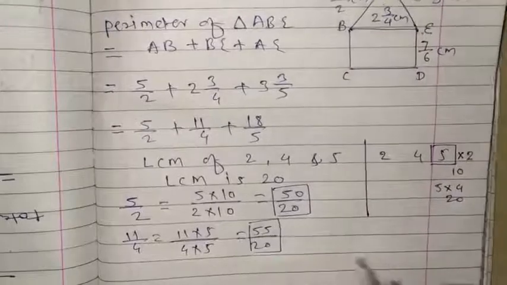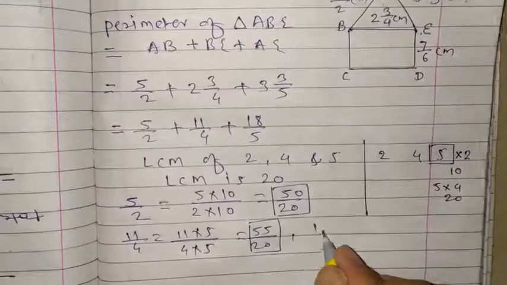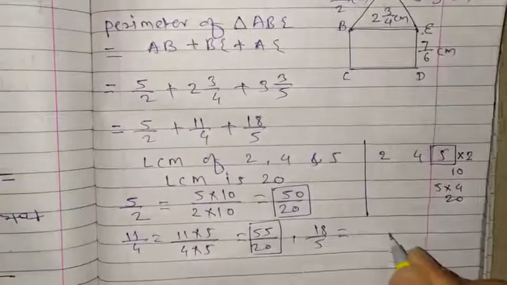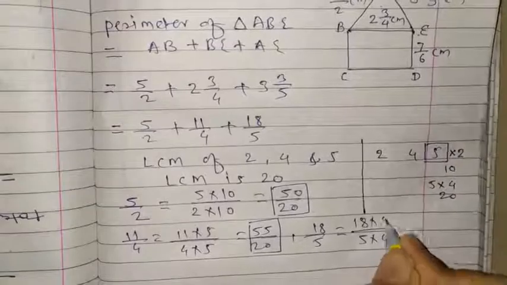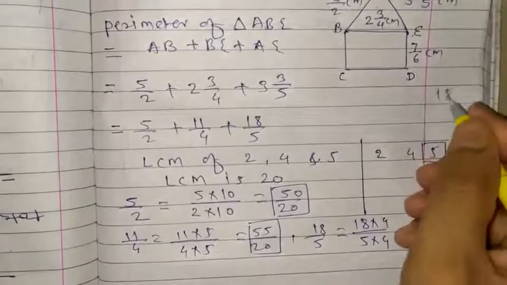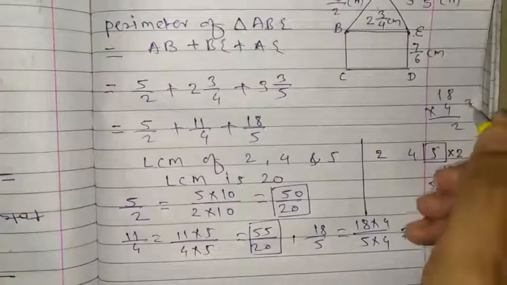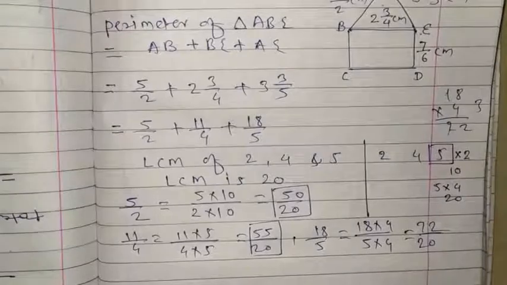This is the second value. In the same way we do the third value. 18 by 5, 5 into 4 is 20, and 18 into 4 is 72. So these are the values.